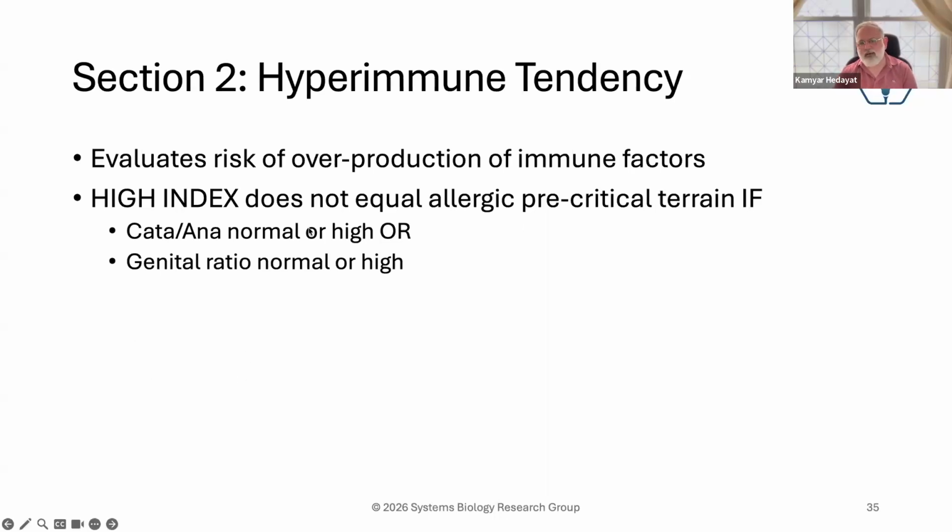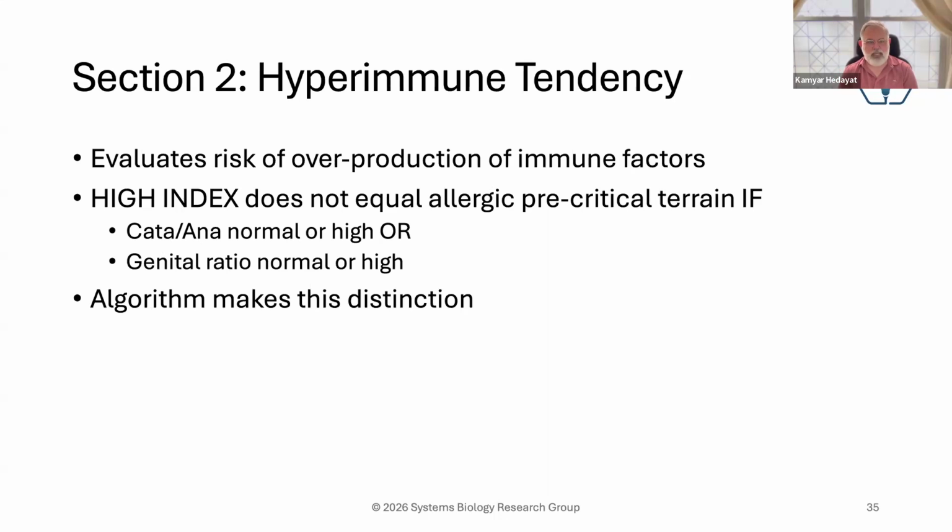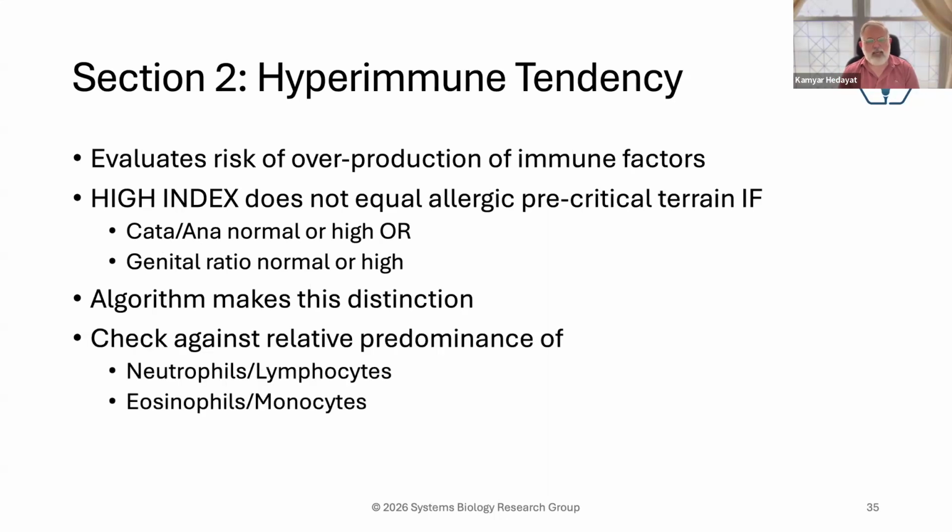If you see that the index is high, but the catabolism anabolism index is not low, and the general ratio is not low, you don't have a hyperimmune tendency in the precritical terrain. You just have a high index, but it's not necessarily because you're in this precritical phase. So the algorithm makes that distinction, and then it also checks those results.